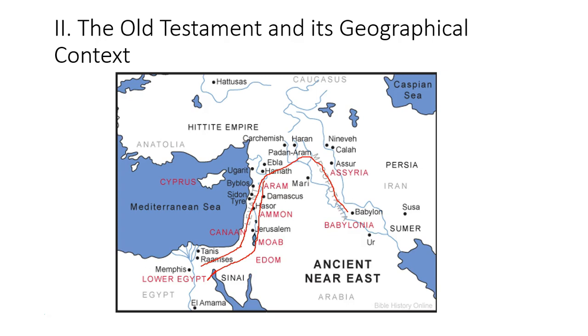The same thing would be with travel between the Hittite Empire and Egypt. Once again, they're going to have to come down right through Israel or right next to Israel in order to make that journey.